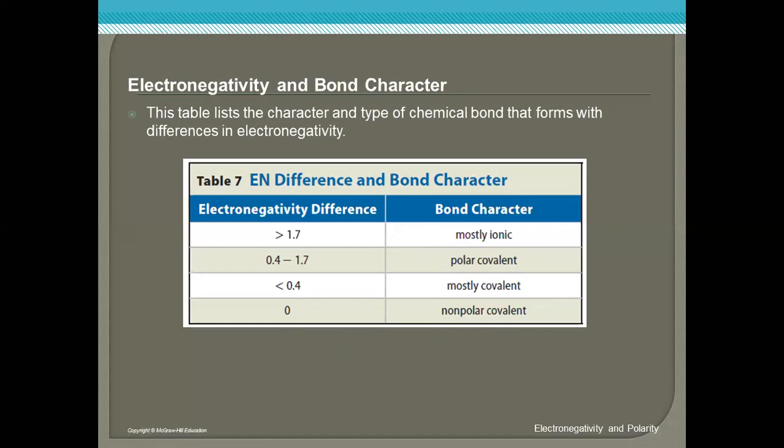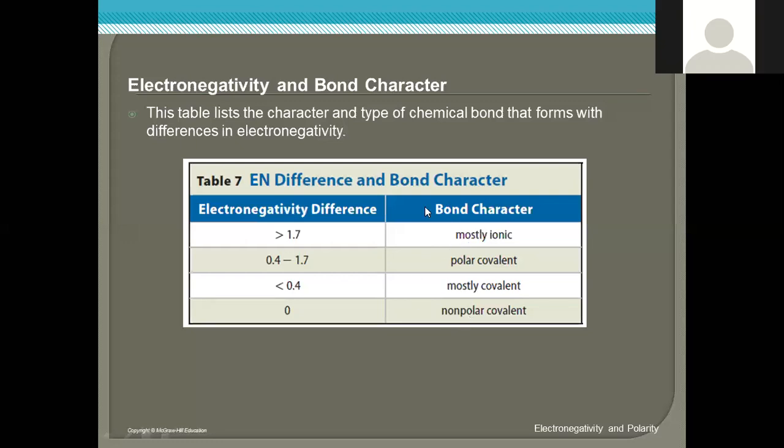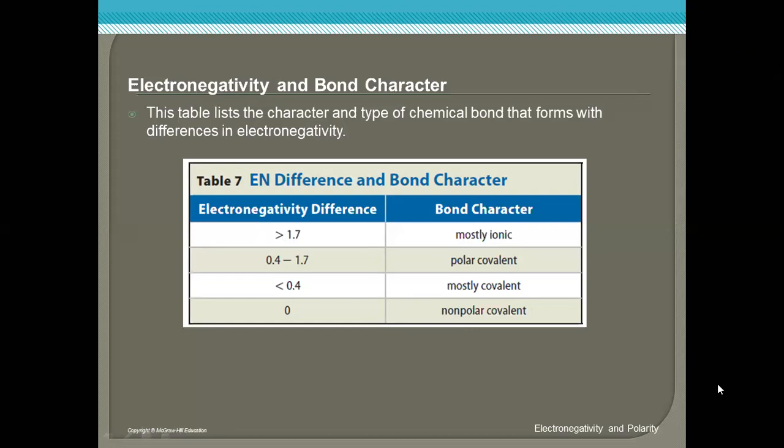Listen, guys, please. Bond character: in mostly ionic, electronegativity difference will be less than 1.7. Less than 1.7.